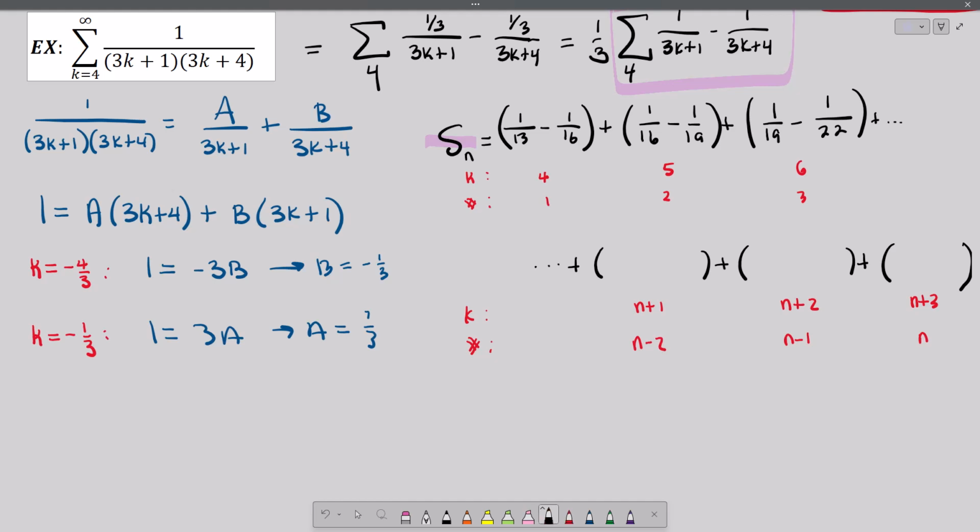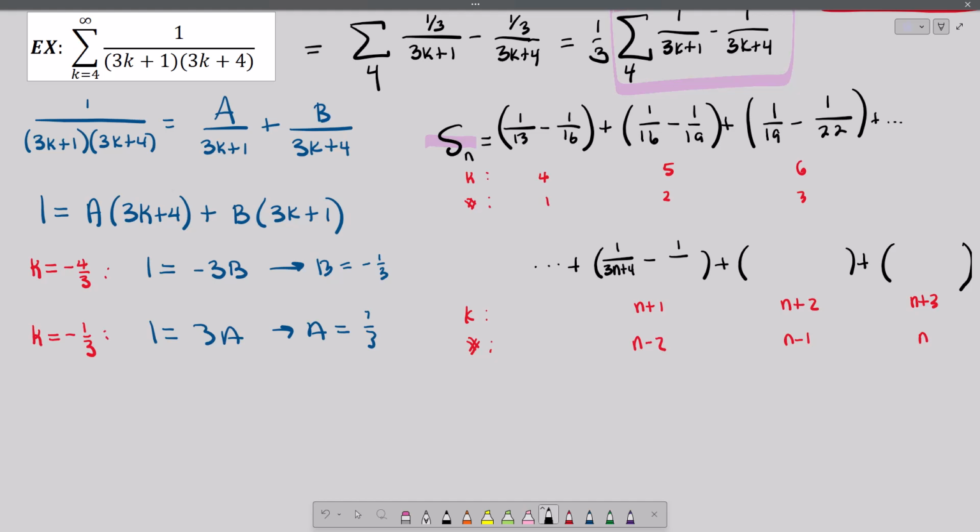So let's do this one. We're plugging in n plus 1 right up there. Now that n plus 1 is in parentheses, it's going to be 3n plus 4 in the denominator there. 3n plus 4.